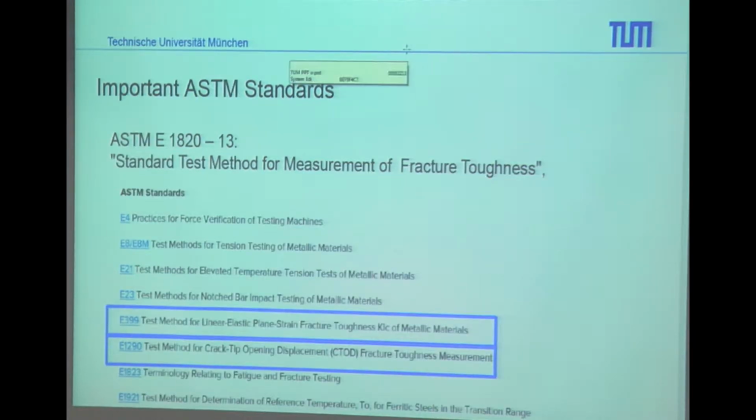So more here are some basic information on the testing methods. For example, the ASTM E1820 or E399 and E1290, giving some guidelines or codes on how to do fracture toughness tests, but also how to evaluate the testing.